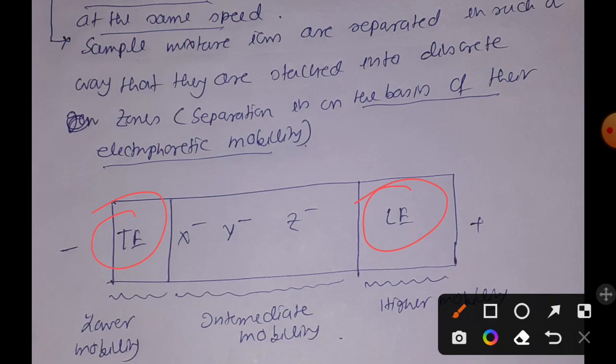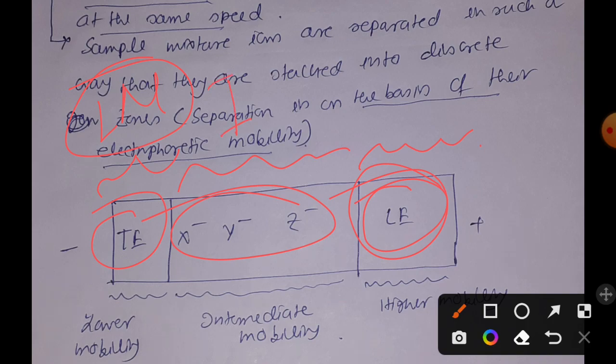LE means leading electrolyte and TE means trailing electrolyte, and our sample is added at the interface of the leading and trailing electrolytes. The leading electrolyte has higher mobility, and TE, the trailing electrolyte, has lower mobility, and in between them our sample has intermediate mobility.